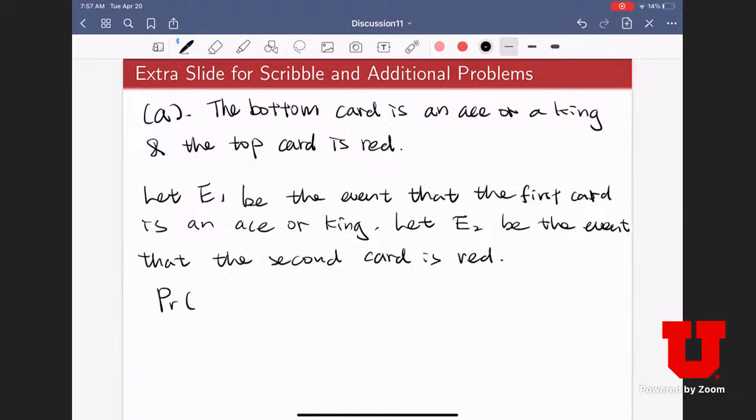All right, and how would you want to write the probability? Wouldn't there be like 2 different cases? Because the king and the ace could be either red or black. Yeah, so there are actually 2 different cases. There are multiple ways to solve this question.